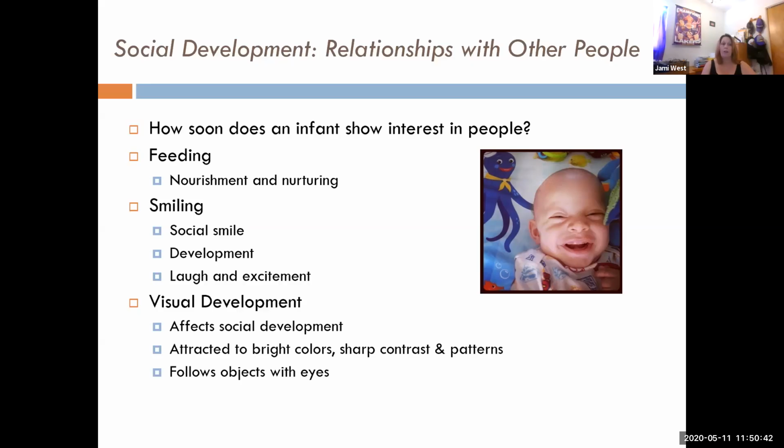Feeding, while obviously a physical need, is also a social need, okay? When we feed infants, we are developing a bond with them through nursing, bottle feeding, even spoon feeding.